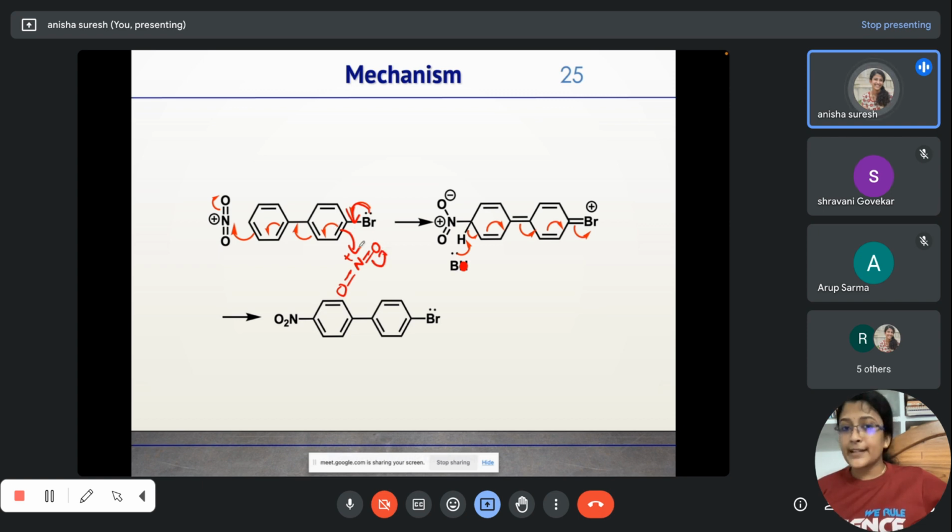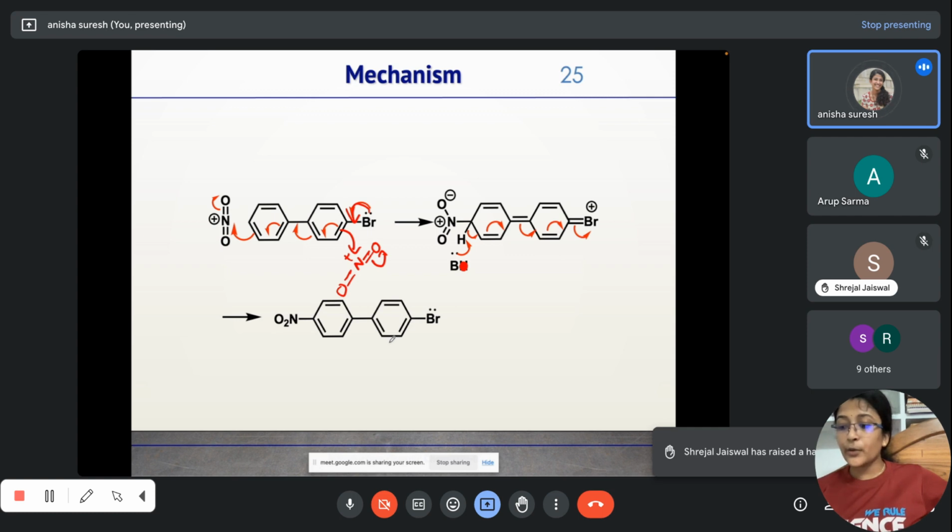So here also nitration can take place, but since delocalization is more in this case, it will prefer forming this product as the major product. If they are asking what are the products that are possible, all ortho-para products you can write, but this will be the major product where more delocalization is possible.